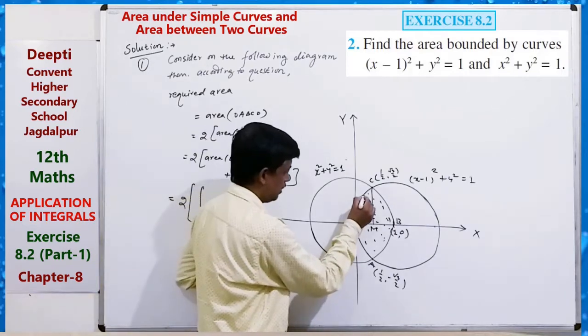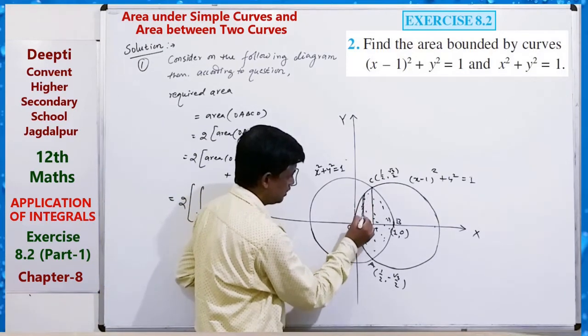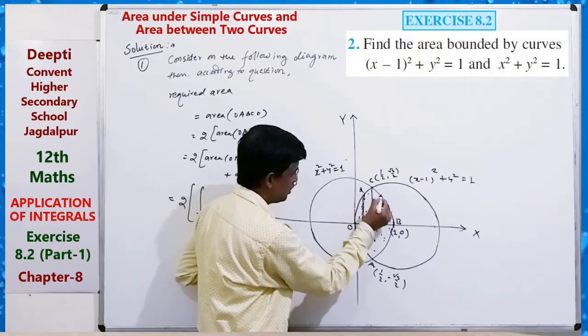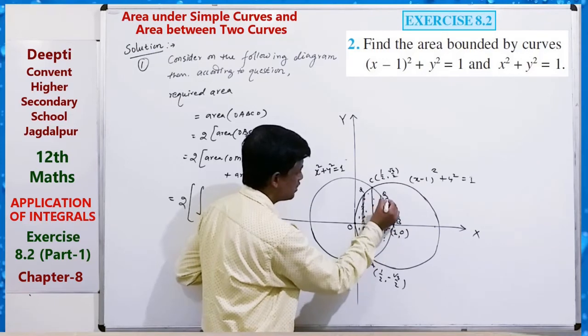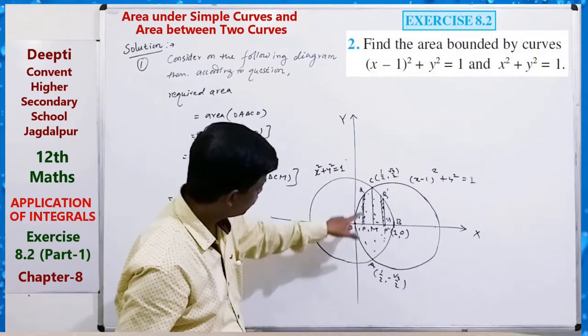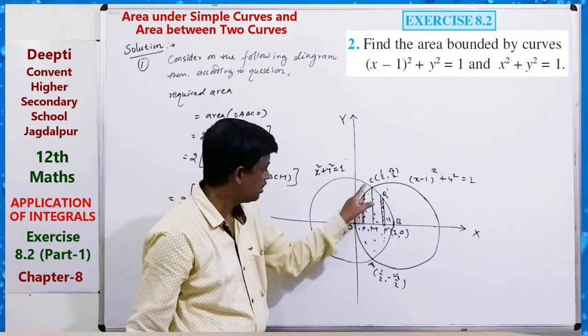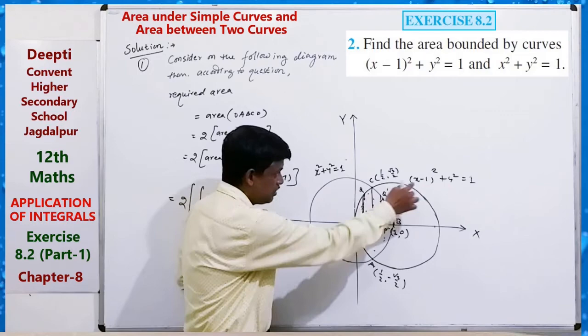So here, 2 times the first area. For this, take a vertical strip just like this, PQ. Here also a vertical strip, P dash Q dash. Here PQ is the upper part on this circle.